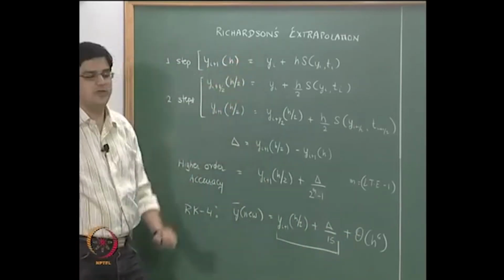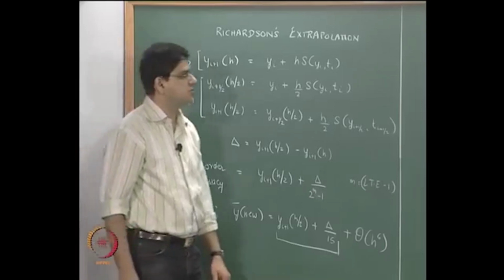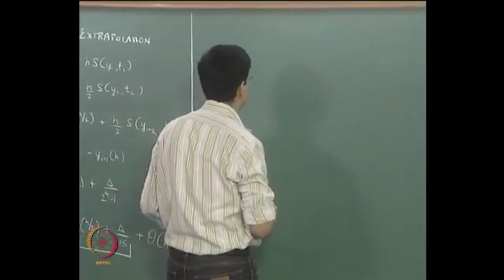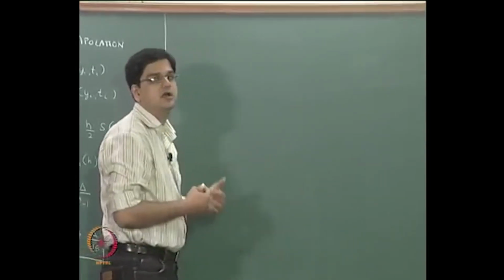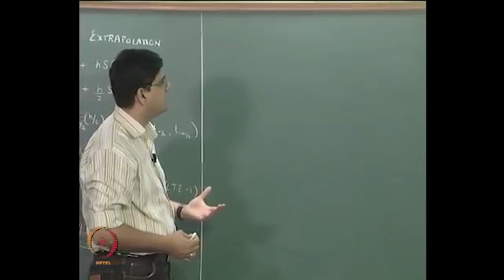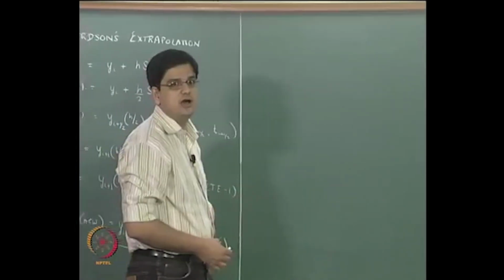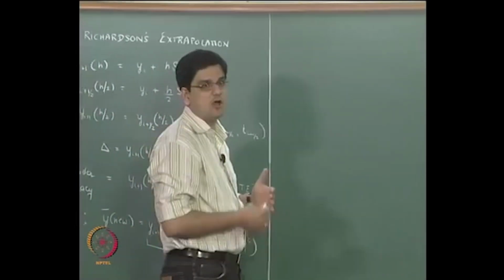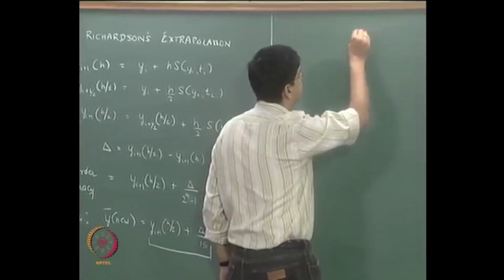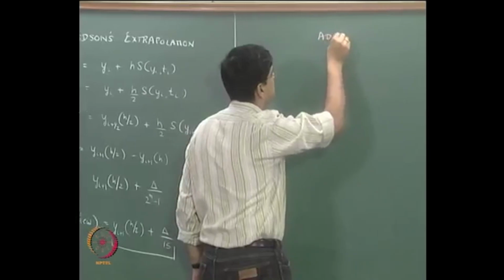This is what we covered in Richardson's extrapolation, and then we said that we can use this value of delta to get adaptive step sizing. Basically it will give you an idea of what the order of accuracy at that particular implementation is going to be.